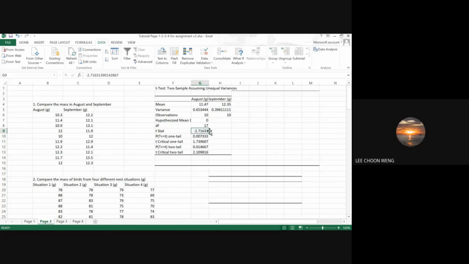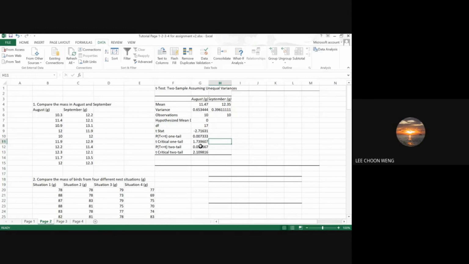So when it's 2.7, it gives you a P of 0.014667. So you see that you have one tail and two tail statistics here. If you're not sure, always use two tail because two tail is more stringent. What it means is if it's significant at two tail, it will definitely be significant at one tail.